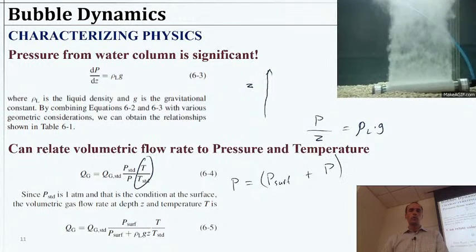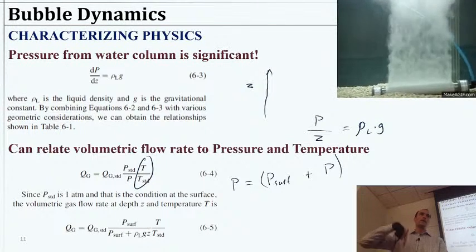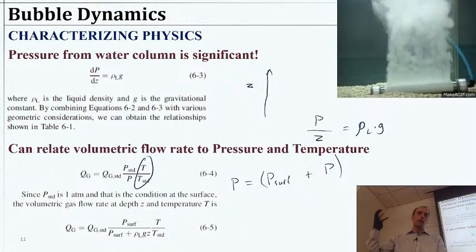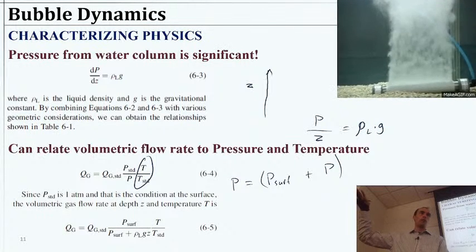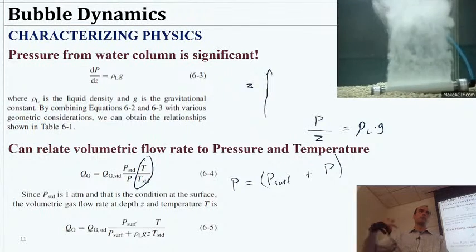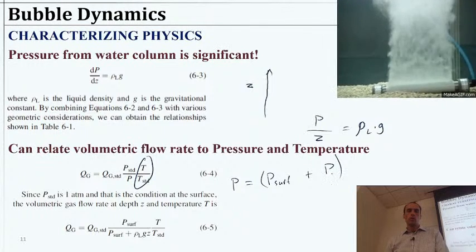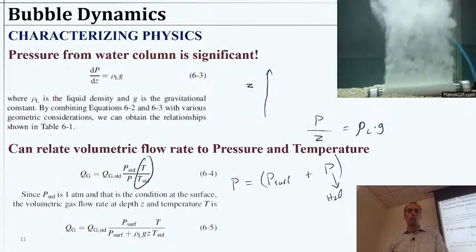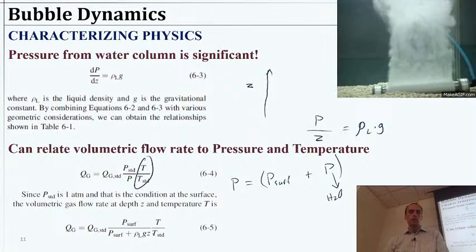So essentially what we're doing is, if we are going at depth, we actually have to account for the fact that we have 1 atmosphere at the surface of the water plus the pressure from the depth of the water. So this would be from the water, whereas this pressure would kind of be the total.